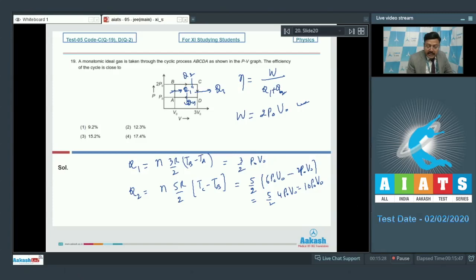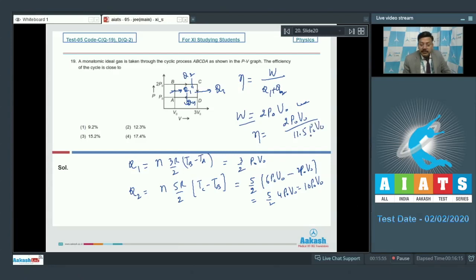So the efficiency eta we can now write here. Let's make use of the space which is available here, which is 2P0 V0, because work done is 2P0 V0. So 2P0 V0 divided by Q1 plus Q2, and that is equal to 10 plus 3 by 2, which is 11.5 P0 V0.